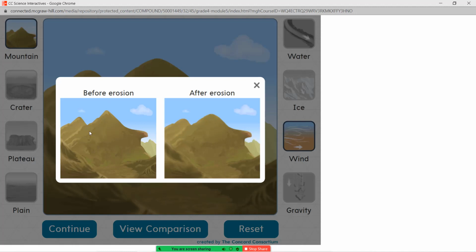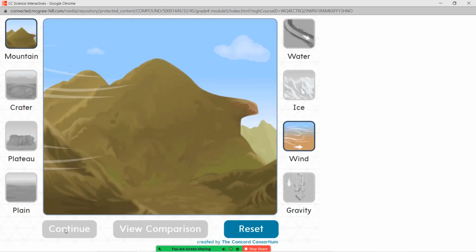So the wind is picking up small pieces of sand and dirt and rocks and carrying it. Now, as those small pieces are rubbing and hitting the side of this mountain, you can see that it's smoothing out those sharp peaks, right? Because it's constantly rubbing like sandpaper. Now, if that wind continues to blow, you can see that it's slowly wearing away more and more of the mountain.